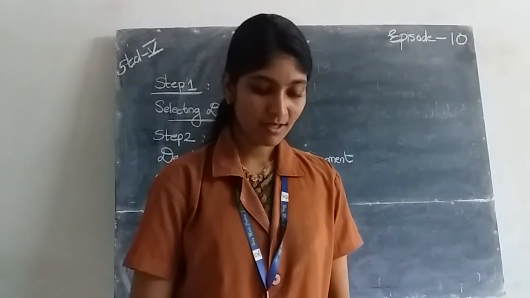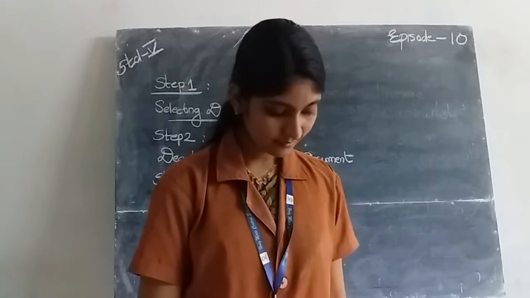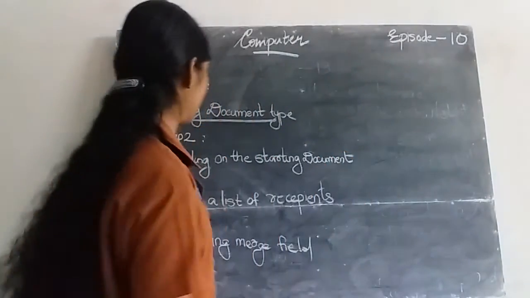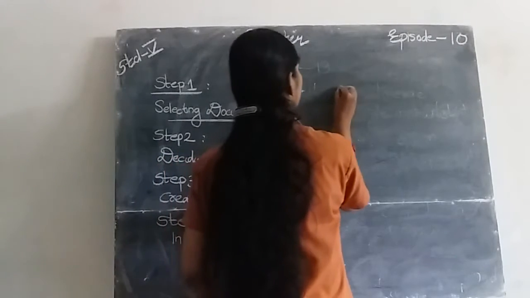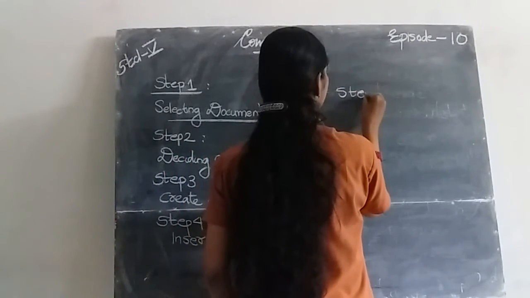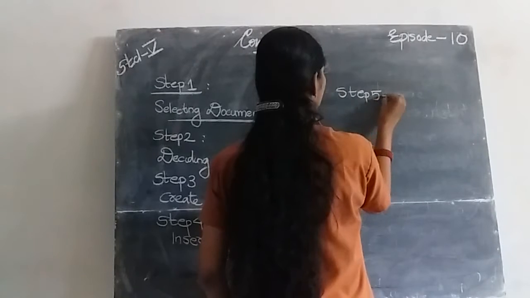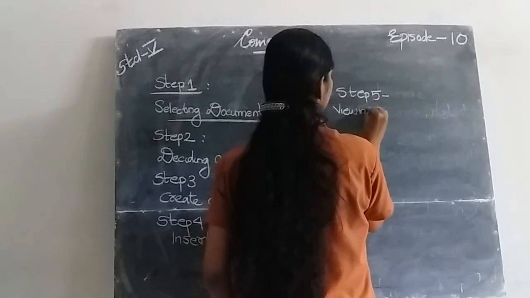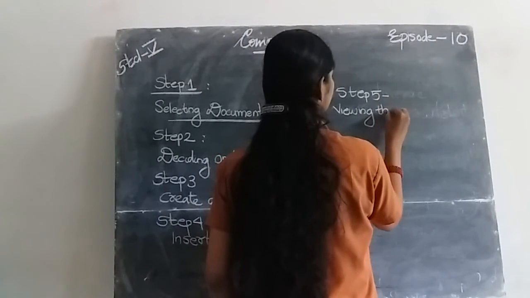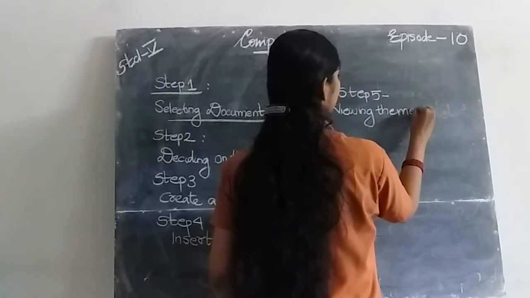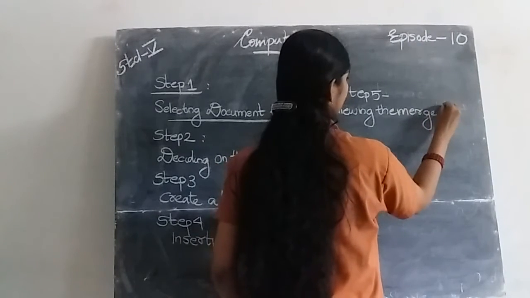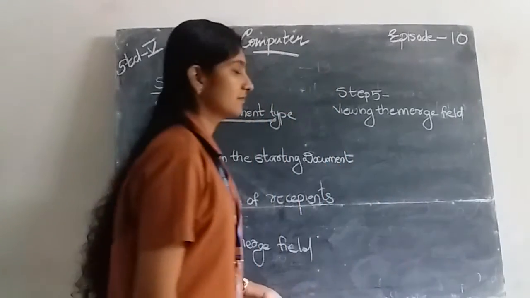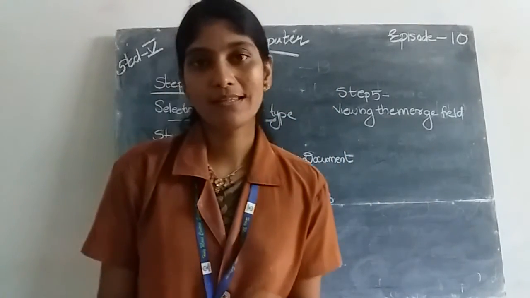Then step 5, viewing the merge field. So step 5 is viewing the merge field.